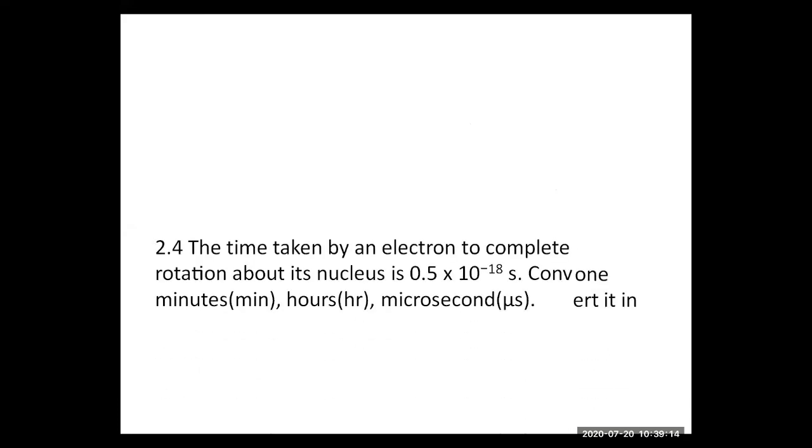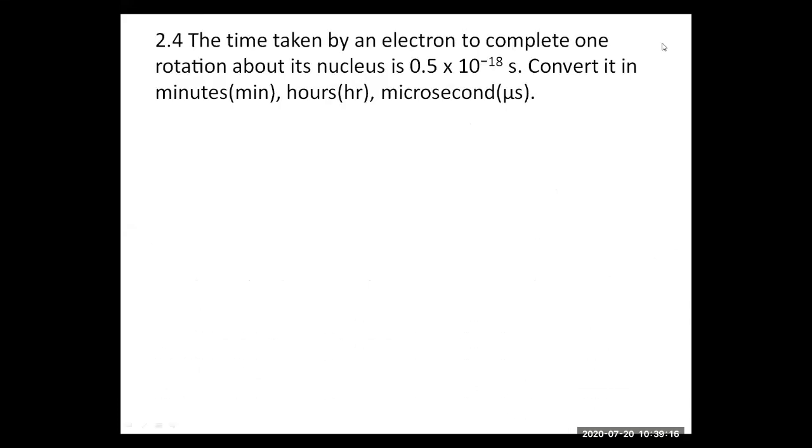Okay. Now we are going to see the last one. The last numerical is: the time taken by an electron to complete one rotation about its nucleus is 0.5 multiplied by 10 raised to the power minus 18 second.